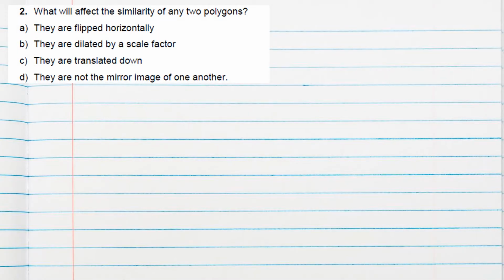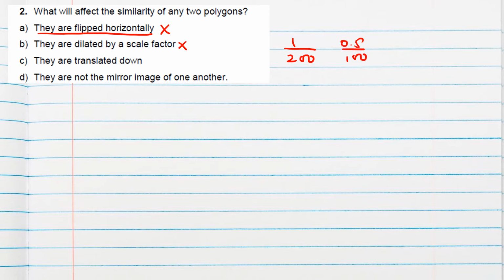Next is, what will affect the similarity of any two polygons? They are flipped horizontally. It is mentioned in the paragraph also that if they flip or rotate, it won't affect the similarity. So no effect will be there. They are dilated by a scale factor, no effect will be there. Dilated by means 1 by 200, so we can write 0.5 by 100.